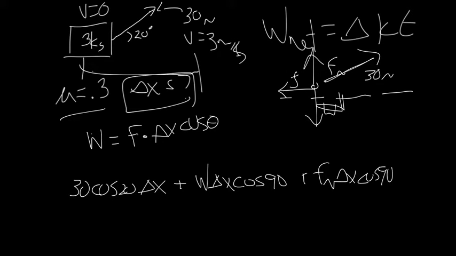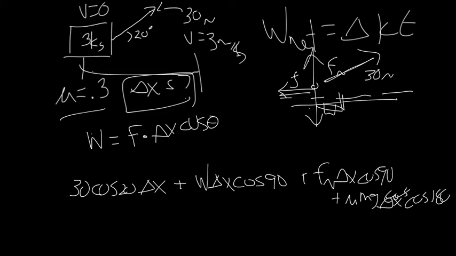And then for friction, remember that friction is mu times the normal force. In this case, the normal force is equal to the weight, so times mg. And again, times displacement times the cosine of the angle between the force and the displacement, which is cosine of 180.